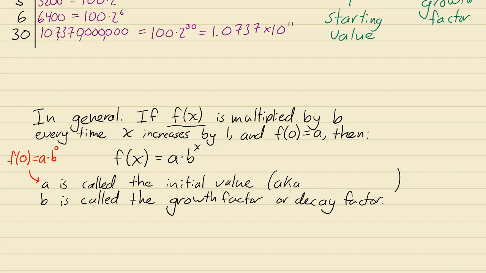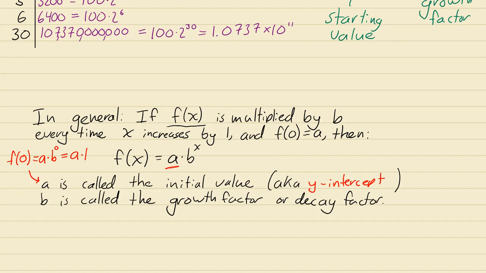And anything to the power 0 is always 1. And so that just gives you a times 1. So that's why that number is always going to be what you get when you plug in x equals 0. And plugging in x equals 0 has another name. We call it the y-intercept. That is the y value, the output value you get when x is 0.